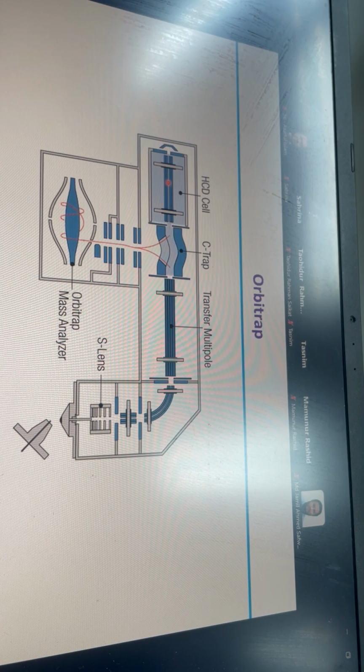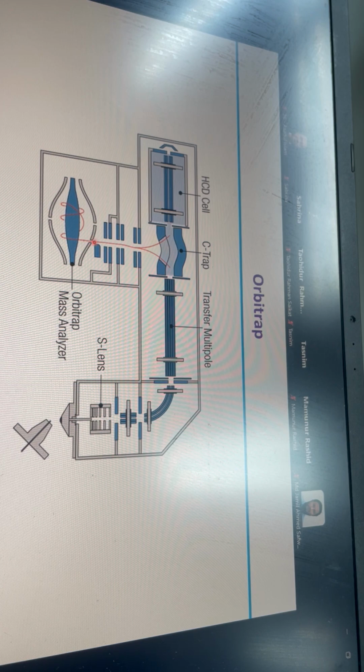What I did during my PhD was make a hole here and put in my laser, so that I use the laser to break down the molecules, the proteins, into fragments. During my PhD, I modified this cell and introduced a UV and IR laser. That way, I developed my top-down proteomics method.